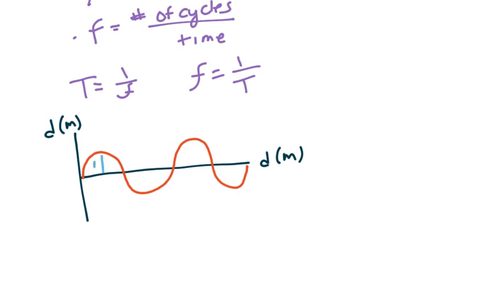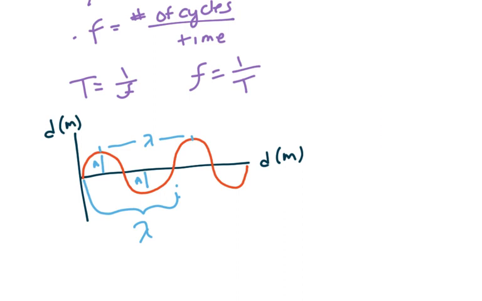What it would give me information on is the amplitude and the wavelength. Okay? Wavelength can also be measured as the distance from crest to crest. It's a crest plus a trough or trough to trough.